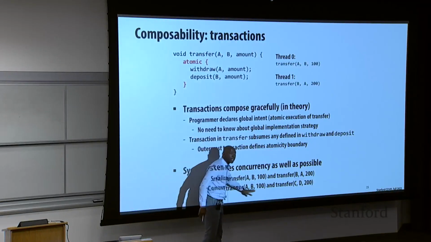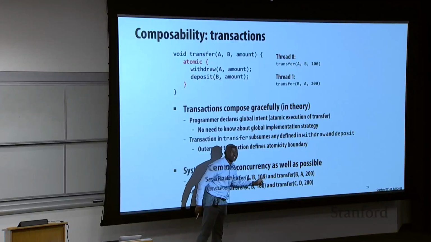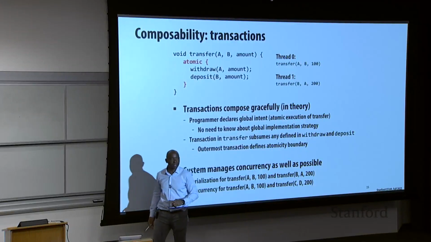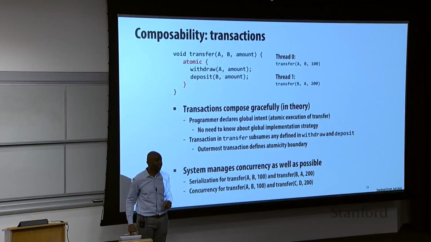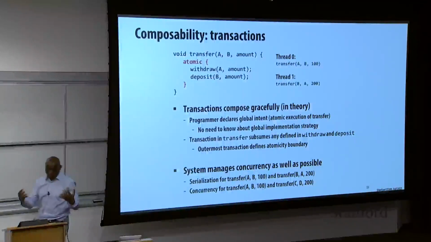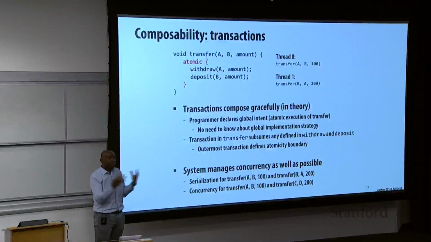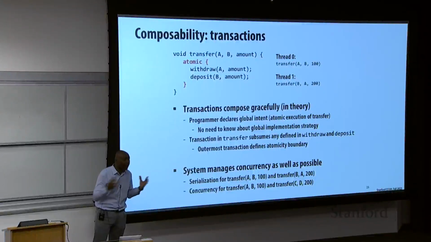And in this case, we allow them to run concurrently. It's important that you get that. Other questions? All right, so that's the key benefit of transactions, the fact that you do allow this concurrency if there are no conflicts.